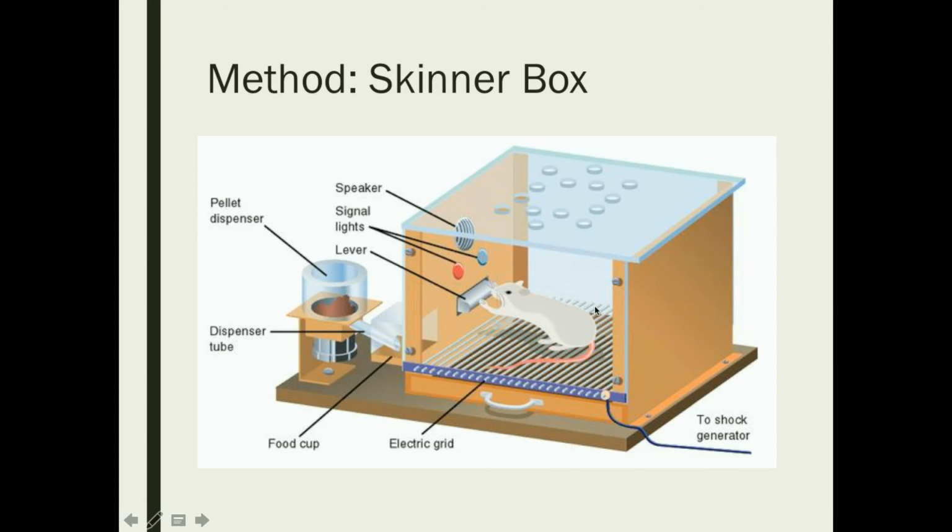In a third condition, the punishment condition, Skinner rigged it so that every time the rat pressed the lever, it electrified the floor. The rat learned fairly swiftly not to press the lever. These three conditions show how Skinner's theory applies to learning: positive reinforcement, negative reinforcement and punishment.